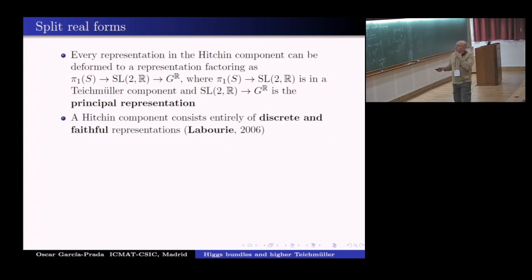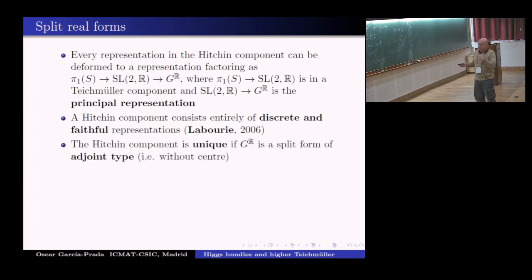So later on, Labourie showed that, in fact, as was suspected by Hitchin, or was asking this question, that any such representation is discrete and faithful, okay? And I will come back to that later on.